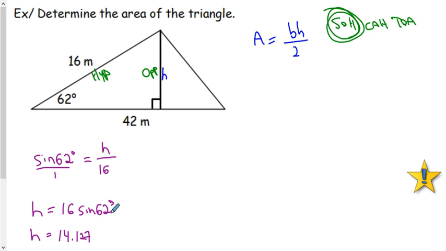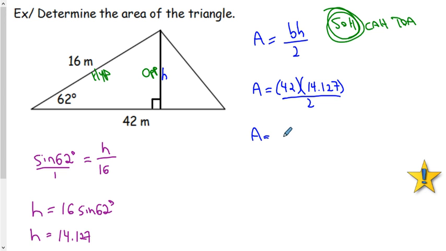Now let's do my area calculation. So let's go back to my area formula. So area is base times height divided by 2. So my base is 42. My height I've calculated is 14.127. And I'm going to divide that by 2.